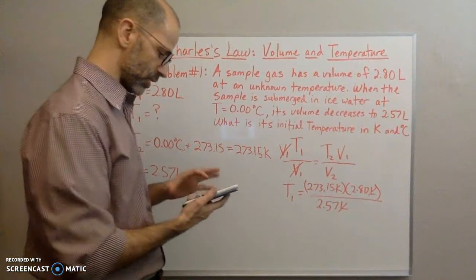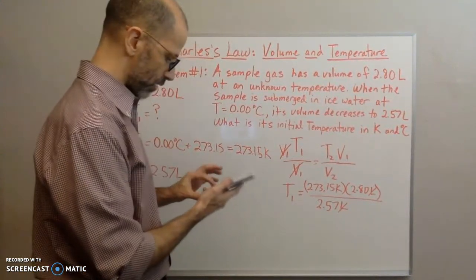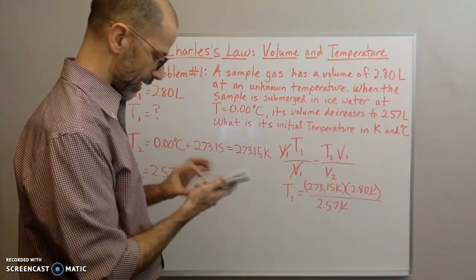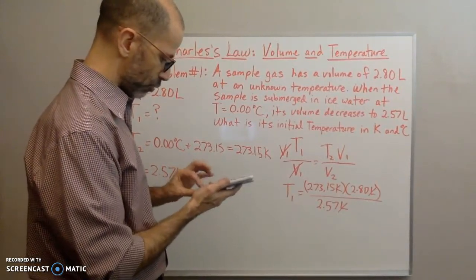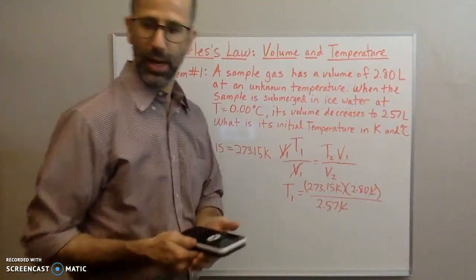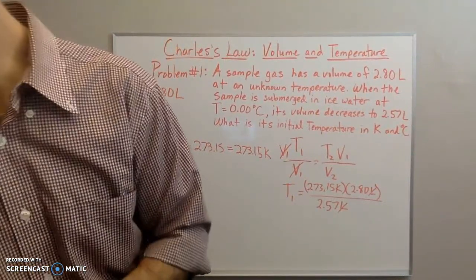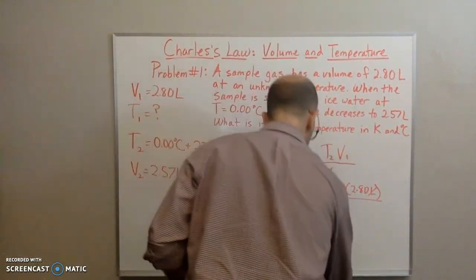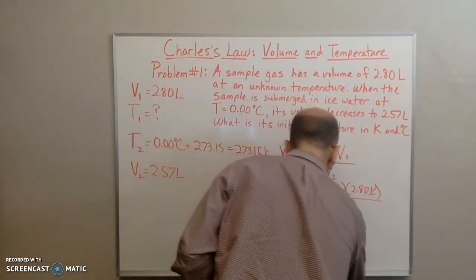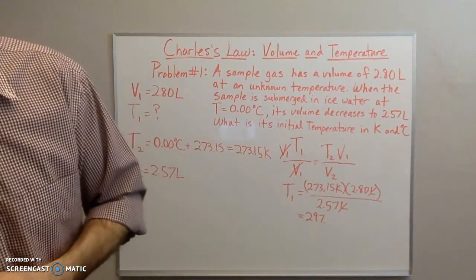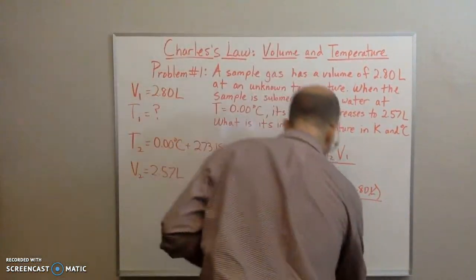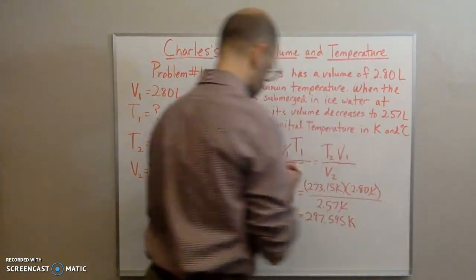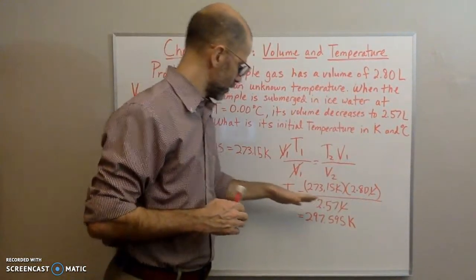So now all we need to do is calculate 273.15 times 2.80 divided by 2.57 equals, and we get a temperature of 297.595 Kelvin.